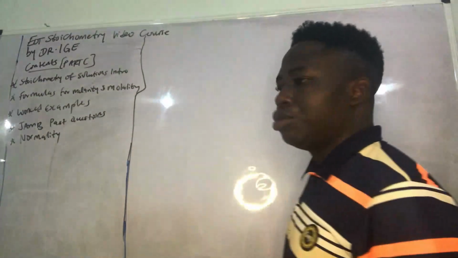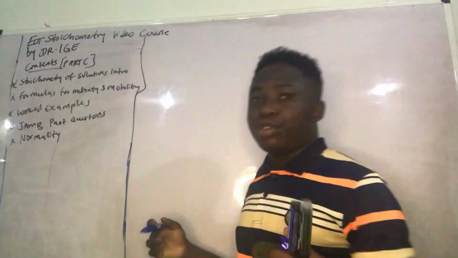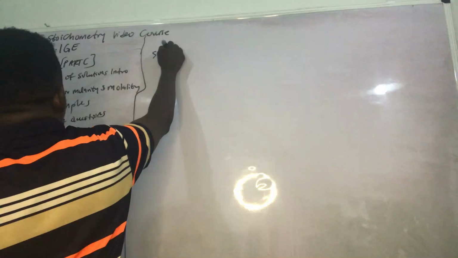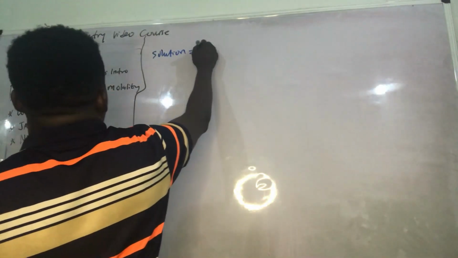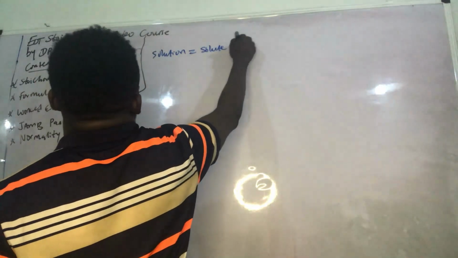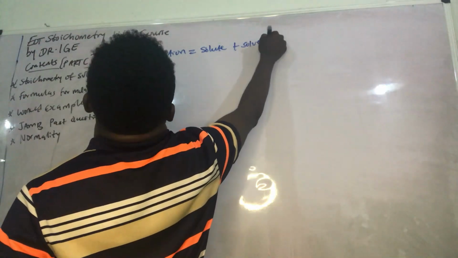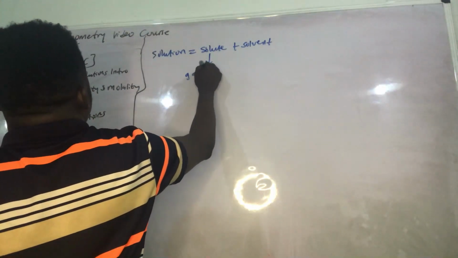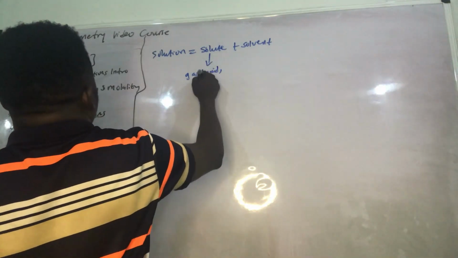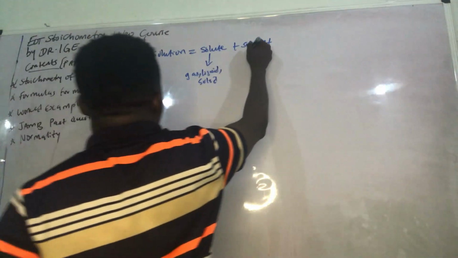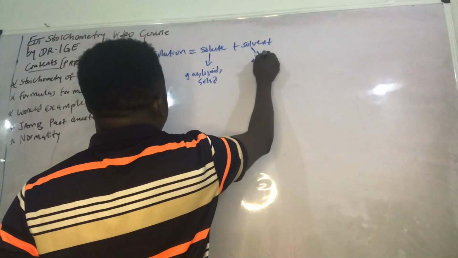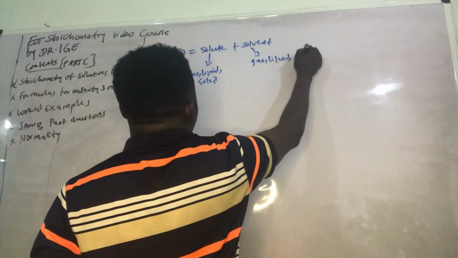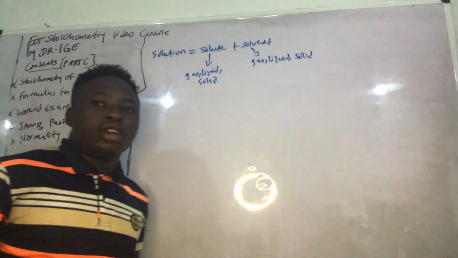When we talk about stoichiometry of solutions, we are referring to solutions we get. Normally a solution is made up of a solute plus a solvent. Please take note that a solute may be a gas, a liquid, or a solid, and a solvent might also be a gas, a liquid, or a solid.